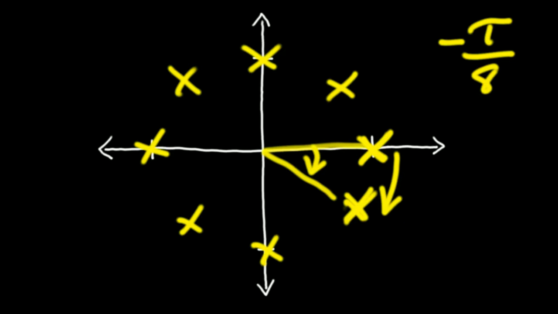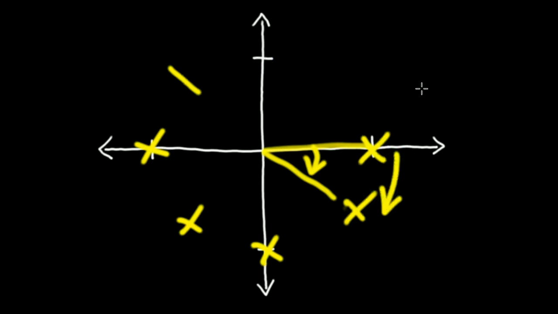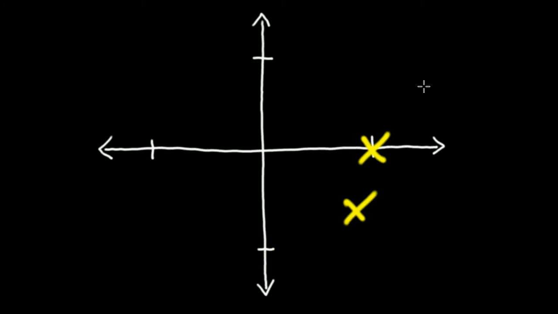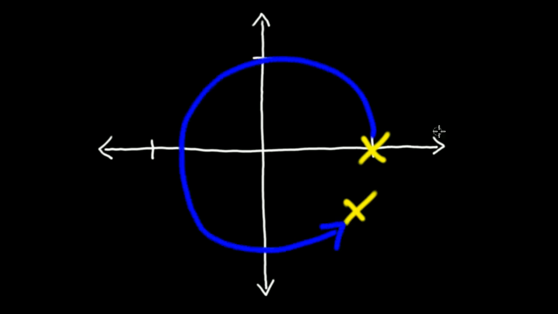How do we know that this signal is actually going around in the negative direction, the clockwise direction? Let's back up a minute and look at those first 2 samples. Isn't it possible that this is a sample of a signal that actually progressed around this way 7/8 of a turn?